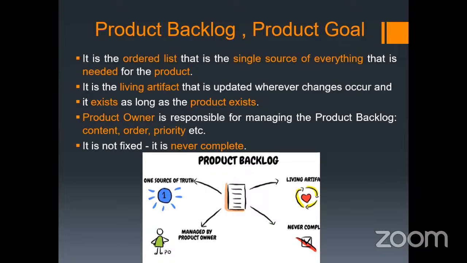Then if there are many tasks, how do we find out which task is to be done? That's why the order and the priority are given to every task, and as per the priority, tasks from the product backlog list will be taken into the sprint backlog.